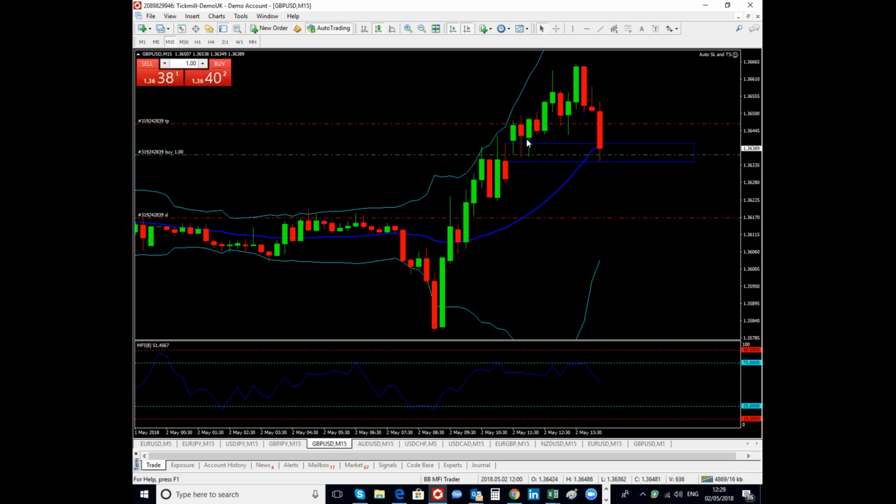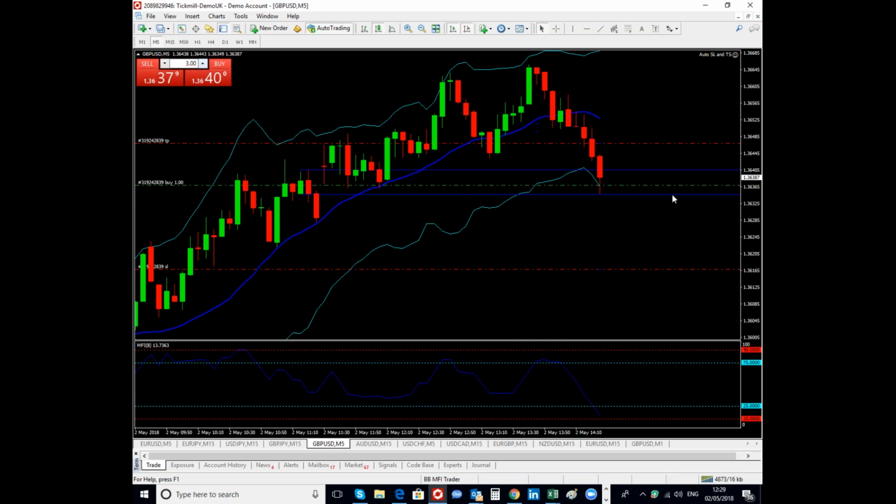Those gaps always act as strong levels of support and resistance, yeah. Now I'm gonna put in place a sell trade as well for 3 times the amount at 8 pips below.